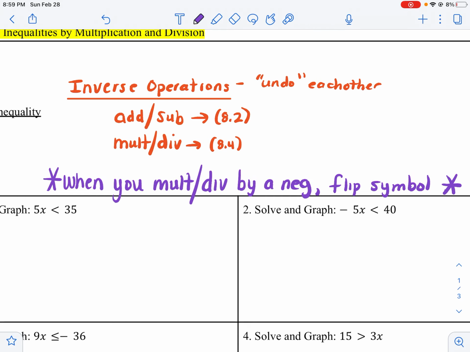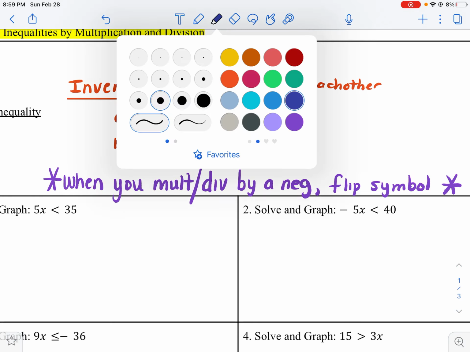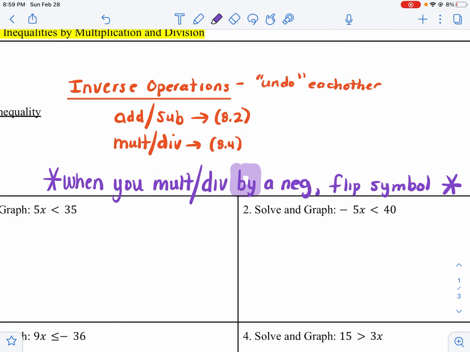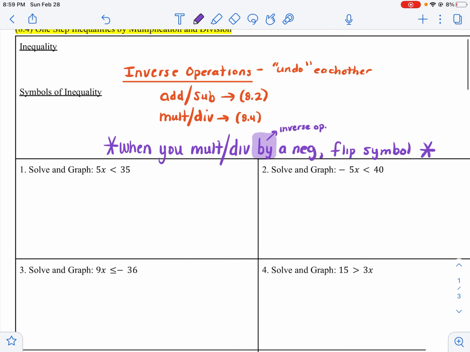And I'm going to emphasize here the word by. When we are multiplying or dividing by a negative, meaning when the inverse operation is negative. And we'll talk about that in a second.